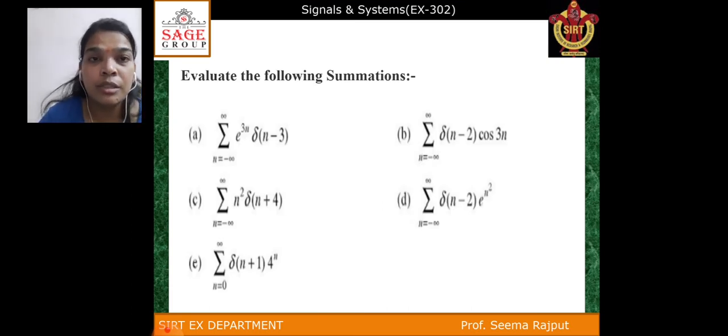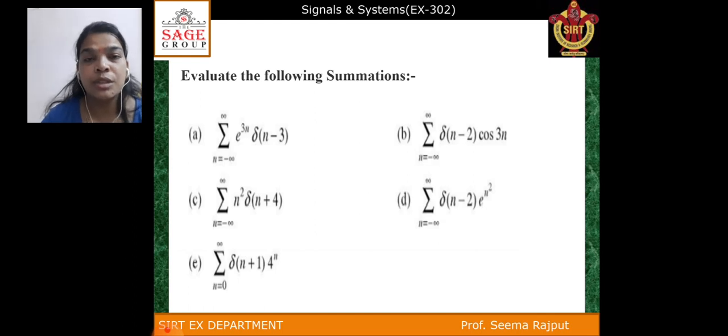The second question was the summation of n equal to minus infinity to infinity of del n minus 2 cos 3n. The third question is the summation of n equal to minus infinity to infinity of n square del n plus 4.